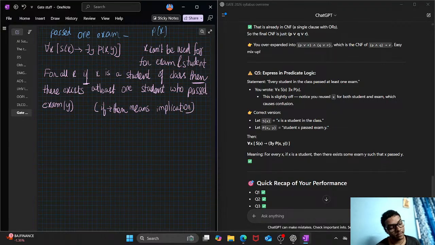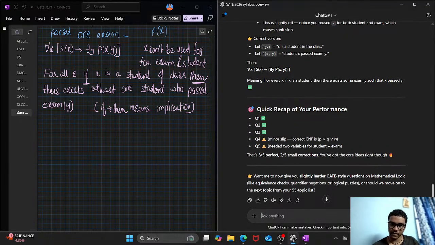So for all X, S of X implies there exists Y, there exists an exam such that the student has passed the exam Y. Right? So you need to use two variables here, and it's all right.